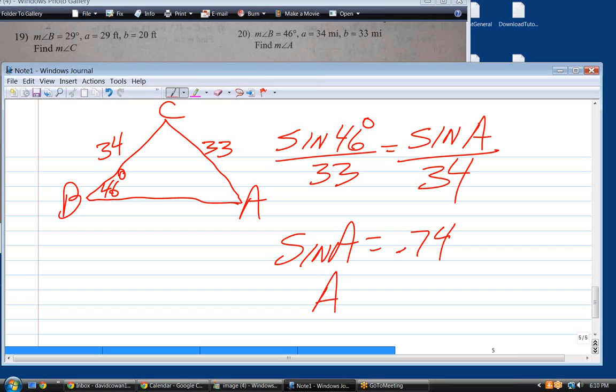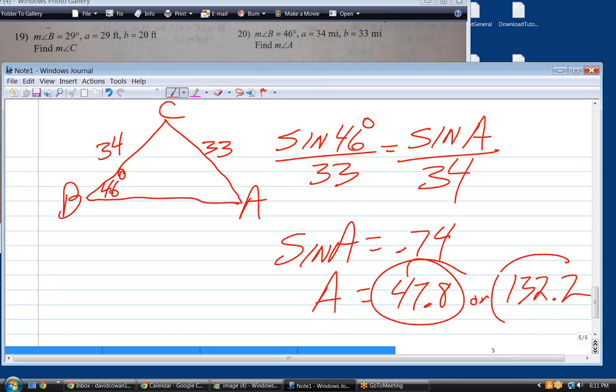And tell me what angle A is equal to. 47.8, or 132.2. Gosh. Still, it's an ambiguous one. So the two answers are that and that.